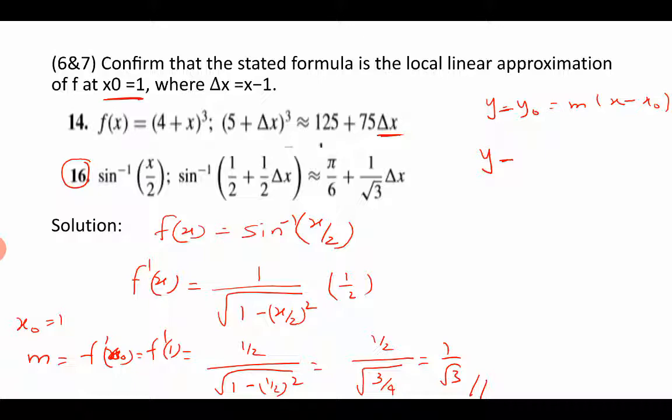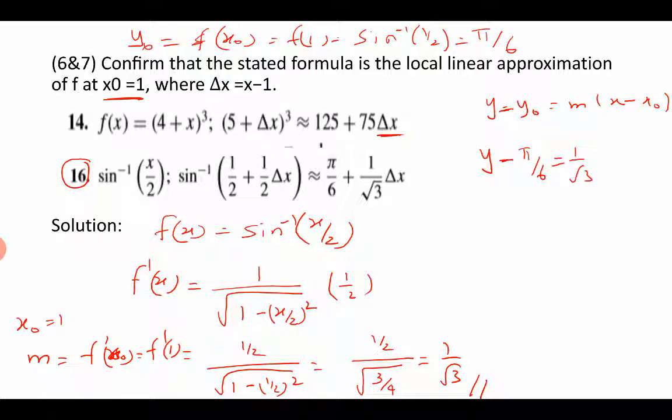We never found y0 here, so I'll find it here. y0 is f(x0), f(1). What is f(x)? Which is sin inverse of 1 over 2, which is pi over 6. So y0 is pi over 6, and the slope m is 1 over root 3, times (x minus 1).